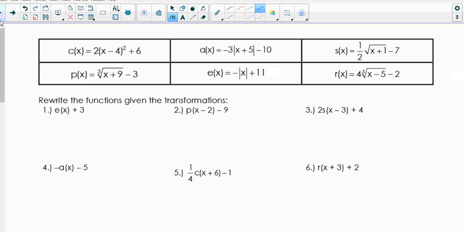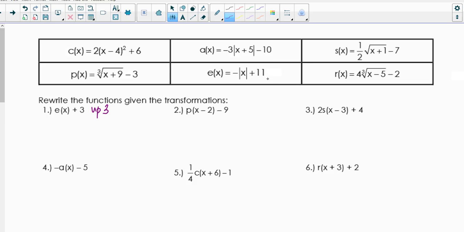All right, so now this is just a different way of looking at it, rewriting the functions given the transformation. So we have a bunch of different functions up here, and we have a bunch of different transformations going on. So if you look at number 1, it says e of x plus 3. So that means I'm going to take my function e of x and add 3 to it. So I want to move it up 3 additional units from where it is. Well, if you look, e of x is already moving up 11.